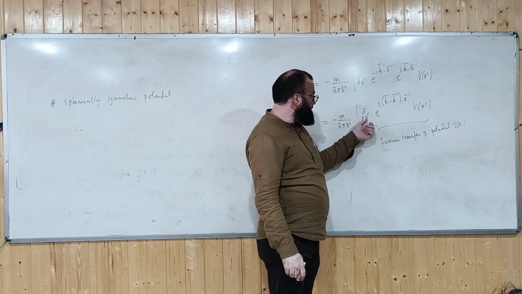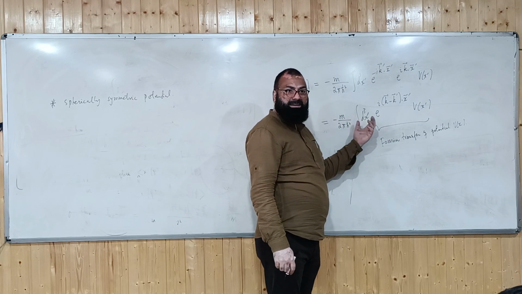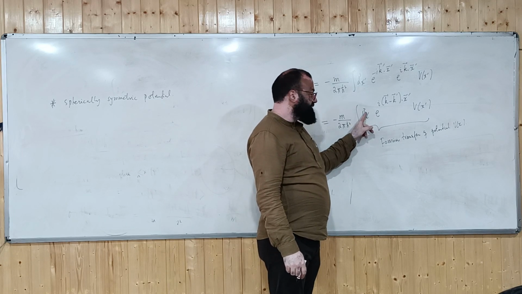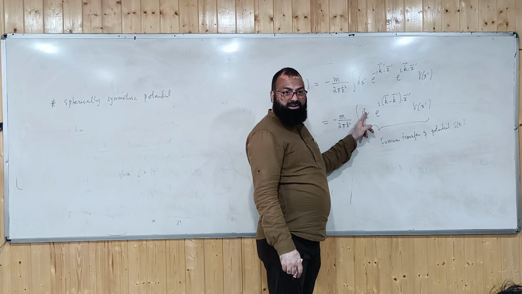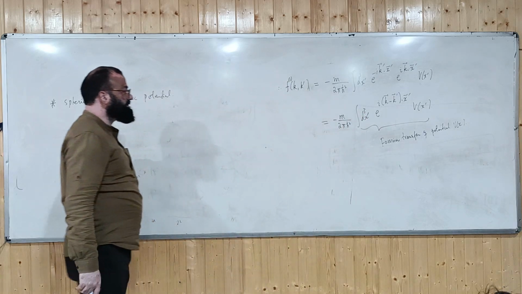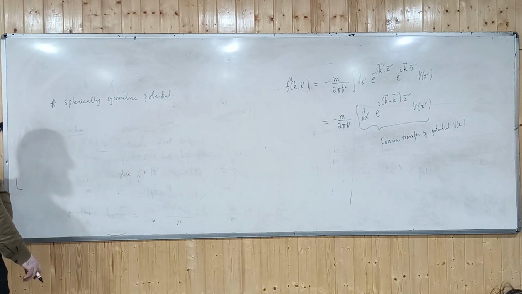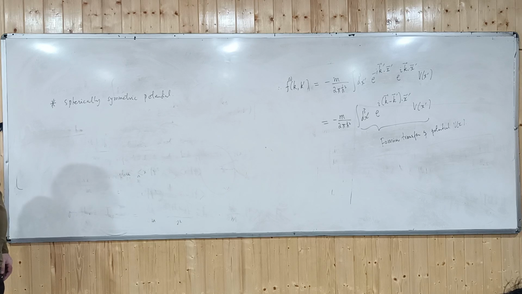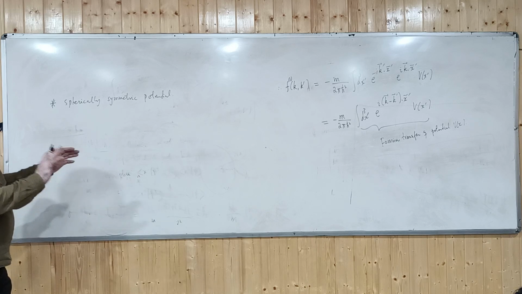This formula is valid for d dimensions as well. Instead of 3 you can use d here. There is no problem. You can evaluate a d dimensional integral. This is true for one dimension as well, so for all dimensions it's okay.